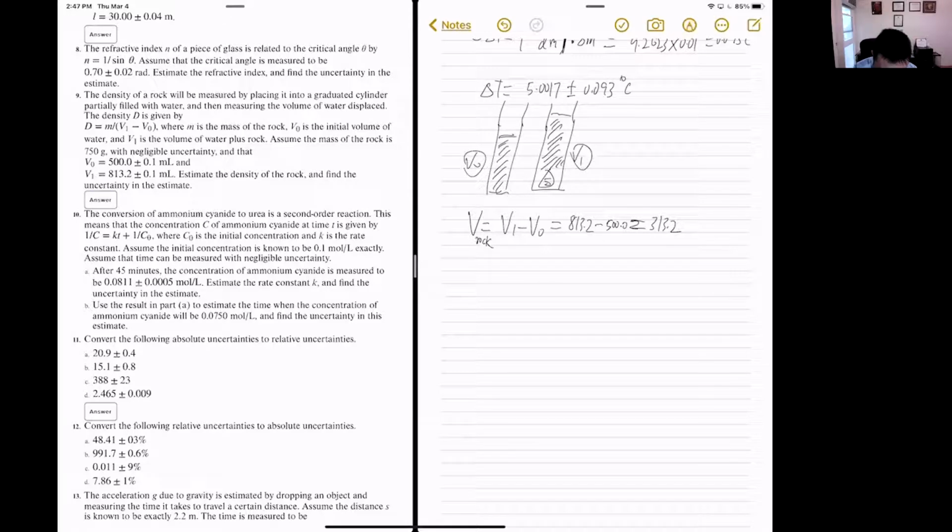And then let's find the sigma of the volume of rock. Sigma V rock is equal to sigma of V1 minus V0.